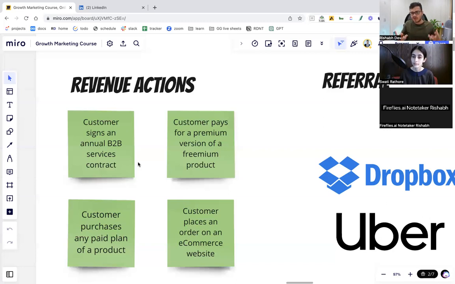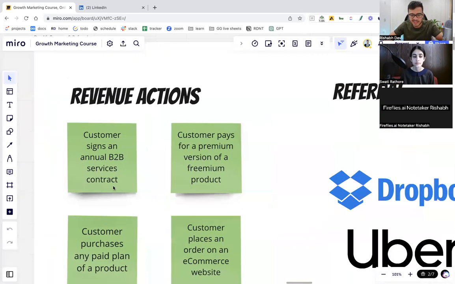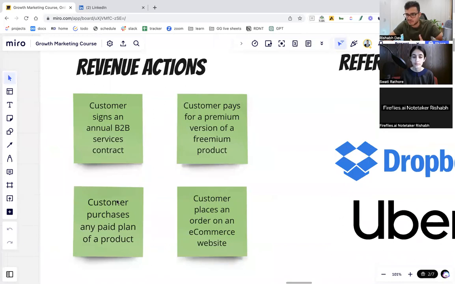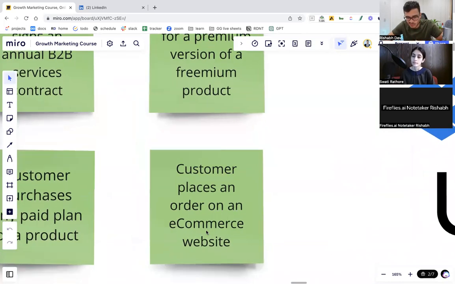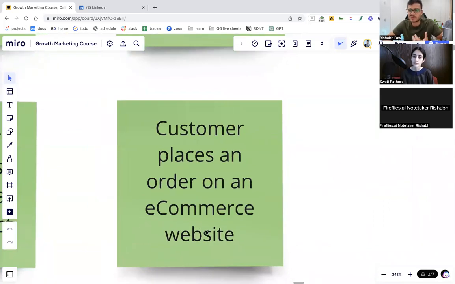But once you've already built a funnel, then you can see, okay, why is my free to paid conversion rate so low? How can I improve the conversions to my paid plan? How can I use pricing hacks on my e-commerce store? How can I improve the average order value by bundling products together, by showing people frequently bought products?